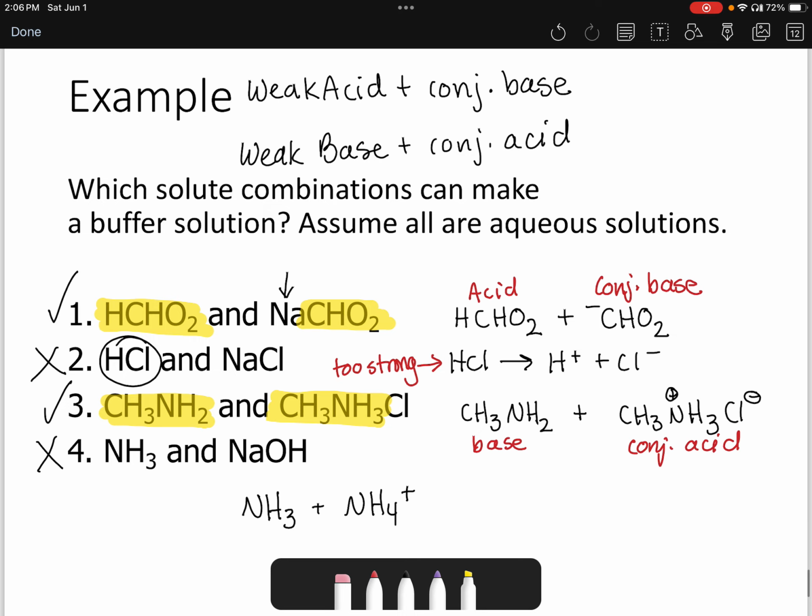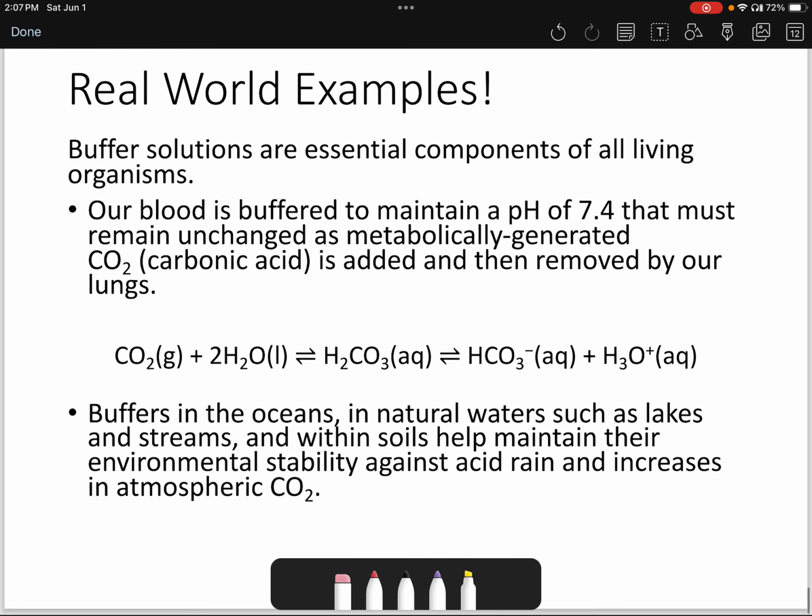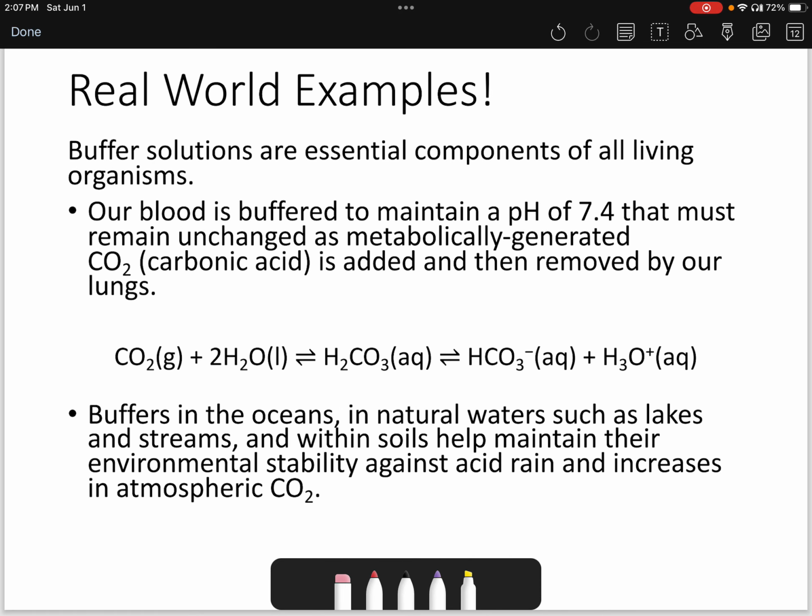So a real-world example of a buffer solution is our blood. So our blood is buffered to maintain a pH of 7.4, and that has to be unchanged because our metabolism generates CO2, or carbonic acid, and that's going to be added and removed by our lungs.